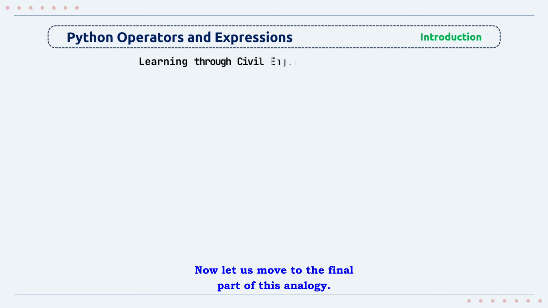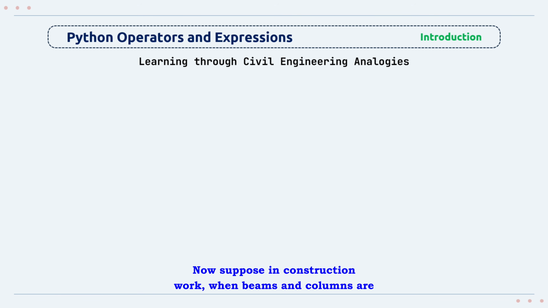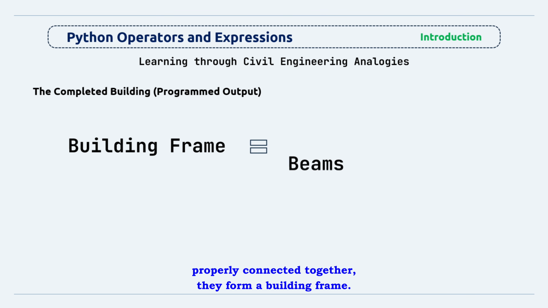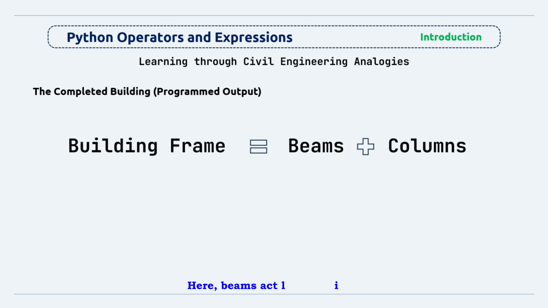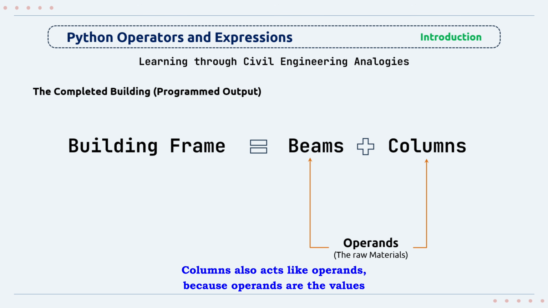Now let us move to the final part of this analogy. Suppose in construction work, when beams and columns are properly connected together, they form a building frame. So the final constructed element becomes the building frame. Here, beams act like operands. Columns also act like operands, because operands are the values or components on which operations are performed.